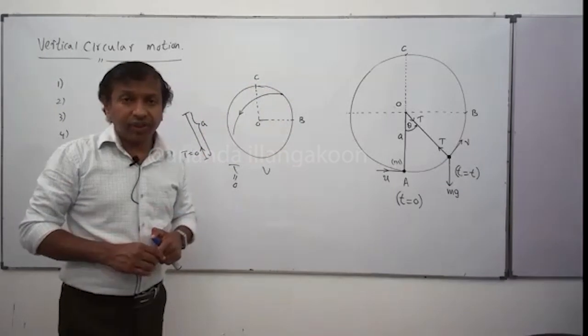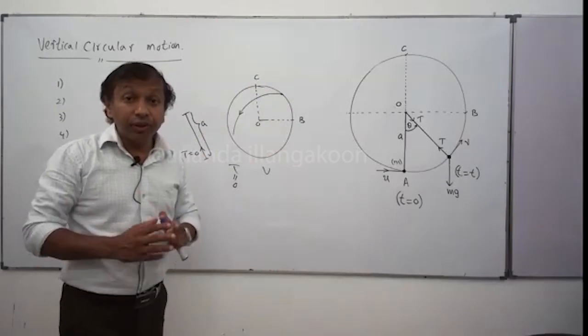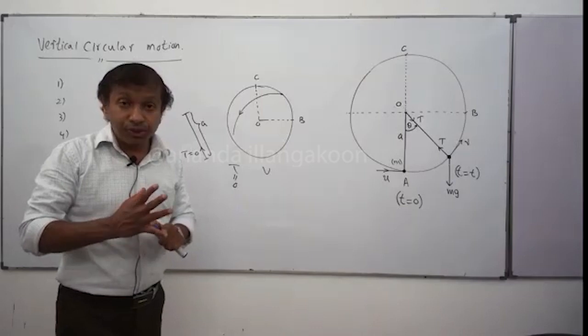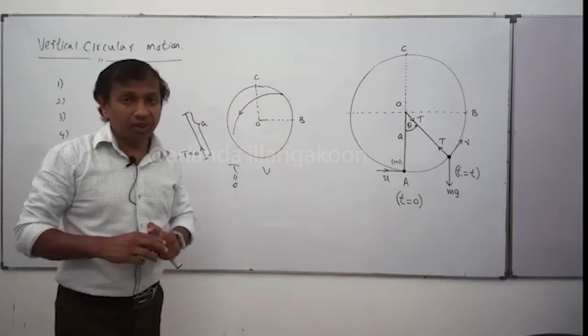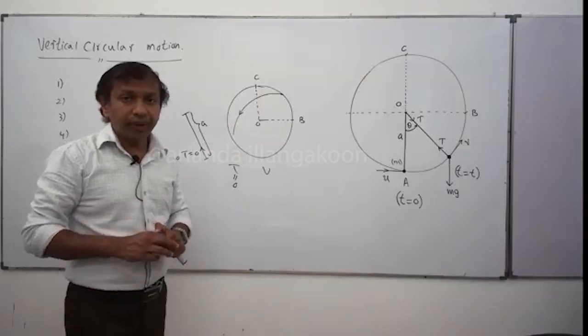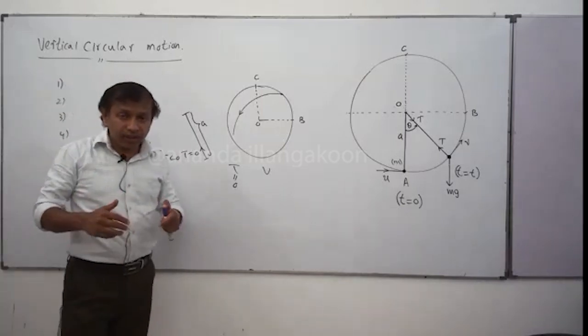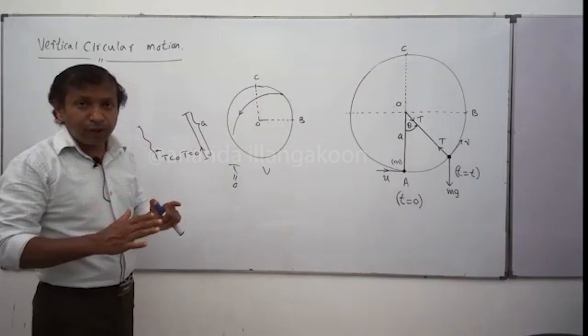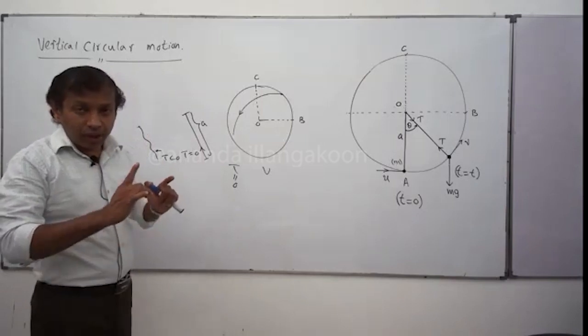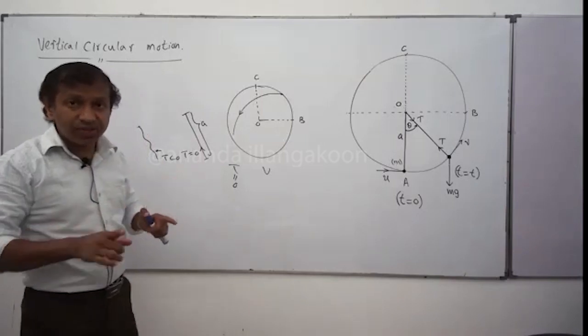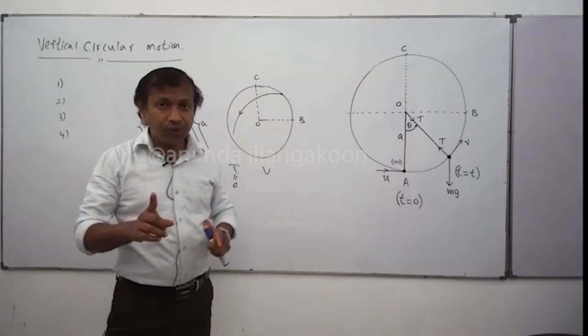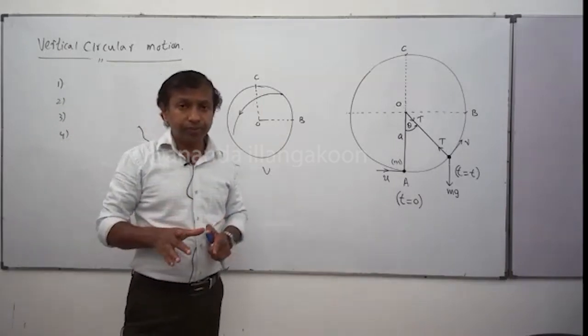Understand? So that happens due to what? Due to tension becoming zero while having velocity. That means if the particle leaves the circle, it leaves at a point between B and C. We can prove that also mathematically.